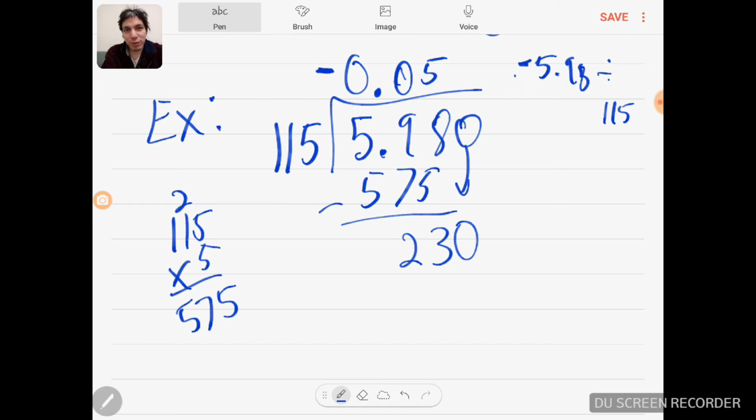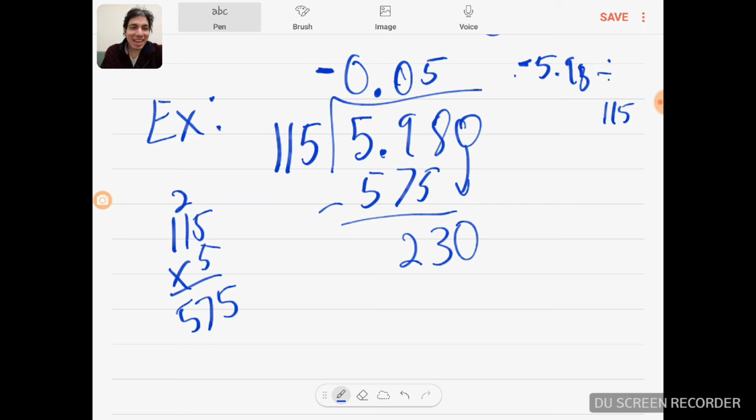So a rule of thumb for me is I don't continuously divide decimals until I reach an answer, because that will take forever. For me, my rule of thumb is I only go up to 3 decimal places and I stop, because I'm just gonna end up wasting the entire day. I have better things to do than that.